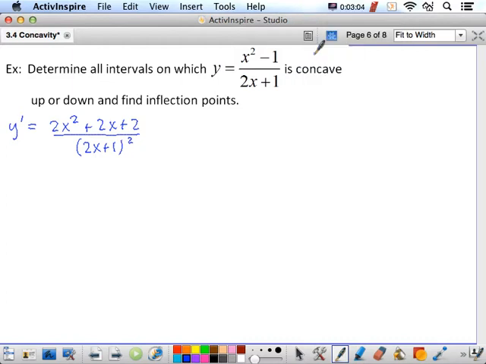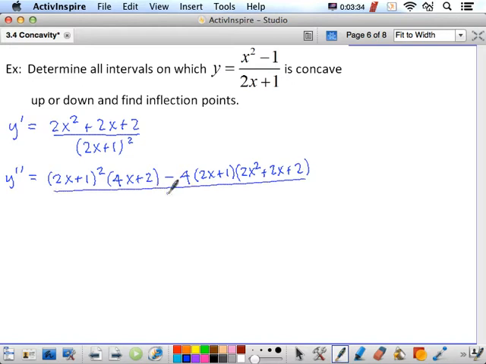So for the second derivative, we have low d high minus high d low, which turns out to be, let's see, this, all over low low.